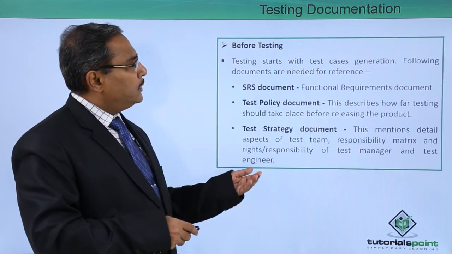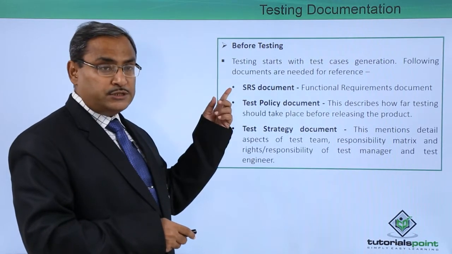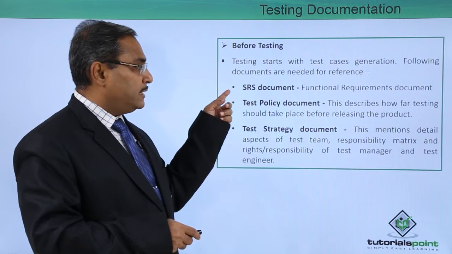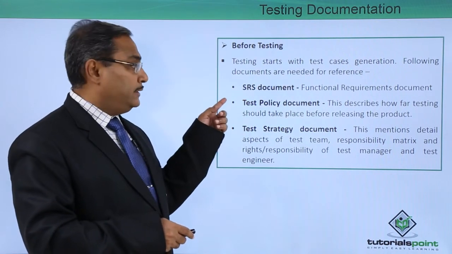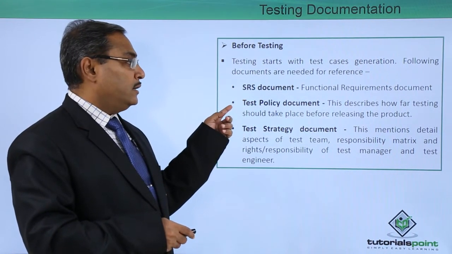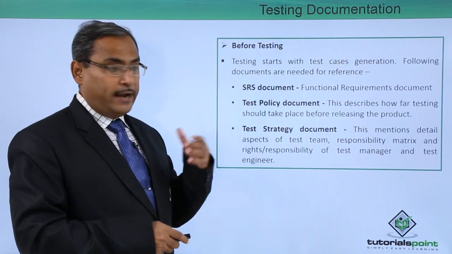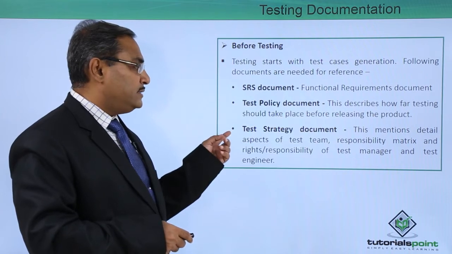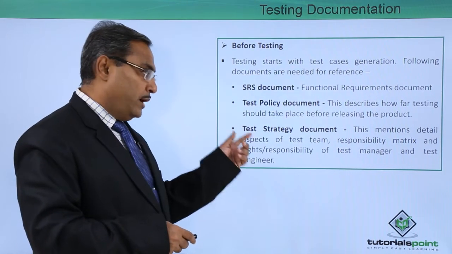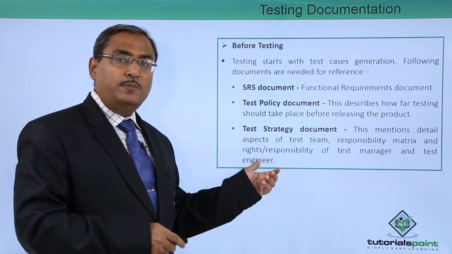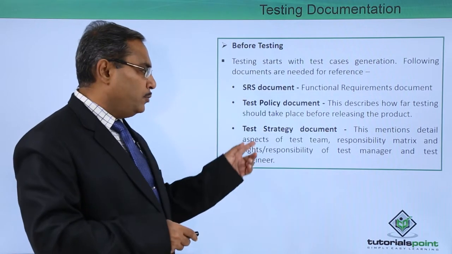So, let me recap the first one, that is before testing. Here we have the SRS document, then the test policy document, which says how far testing will take place before the release is handed over. Then we have the test strategy document, where the responsibilities of the different personnel will be decided.